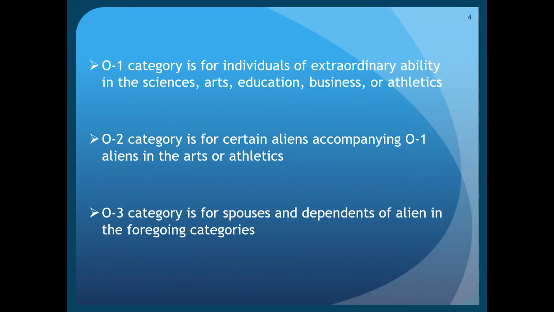So there are different categories within the O visa: the O1, the O2, and O3. The O1 is for people with what they call extraordinary ability, and I'll explain what that means later. It's for people in sciences, arts, education, business, or athletics. O2 is for people who are accompanying the O1.